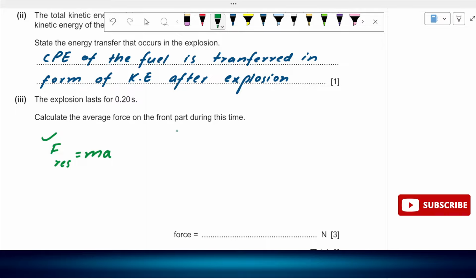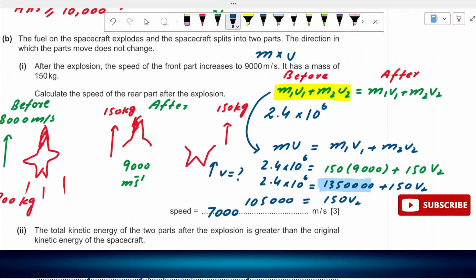When they use the words calculate the average force, the chances are you have to use the expression delta P over delta T. Delta P represents the change in momentum, delta T is the time 0.20. So what's the change in momentum?